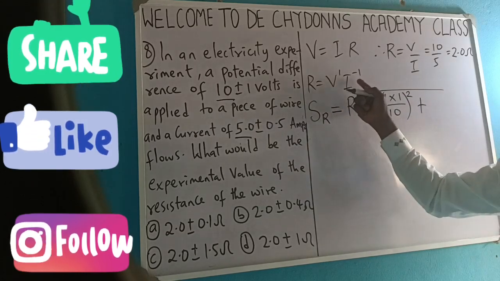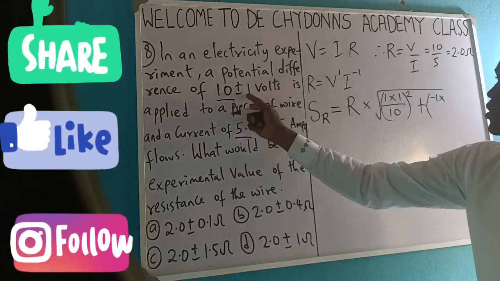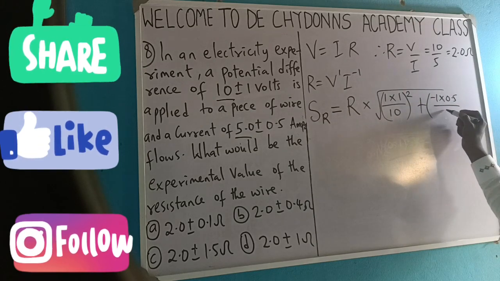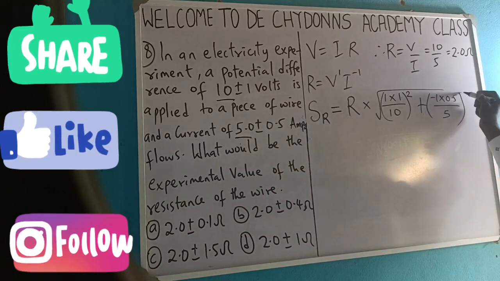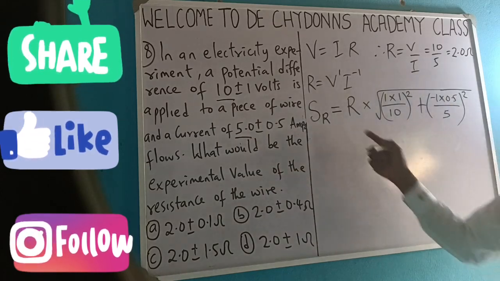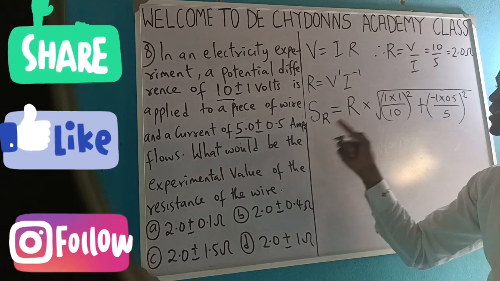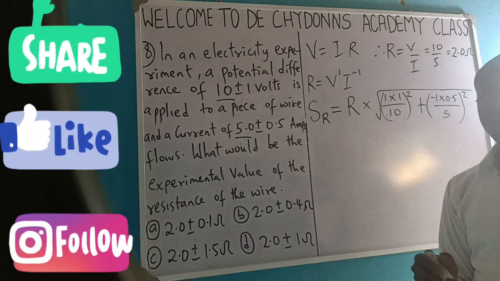Plus, we come to this minus 1 times this 0.5 all over 5, look at it, the 5, we'll square it. So when we compute this, we'll be getting the standard error of the effective resistance of the resistor.